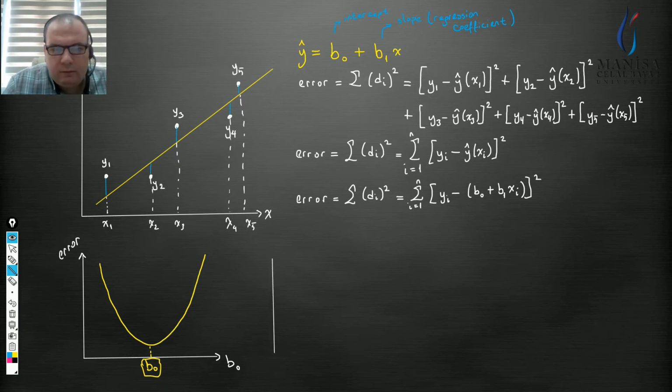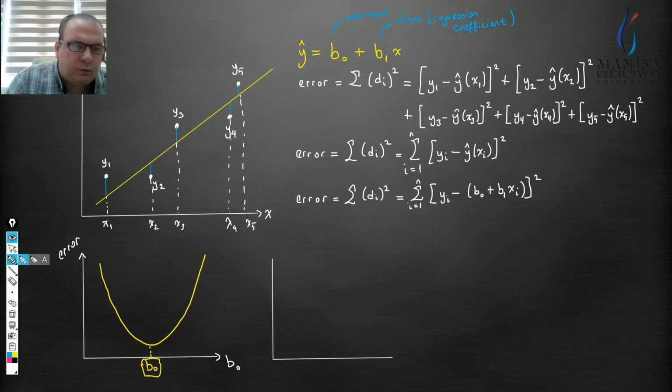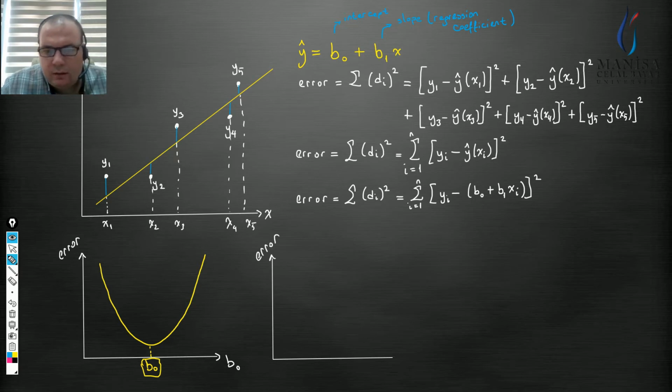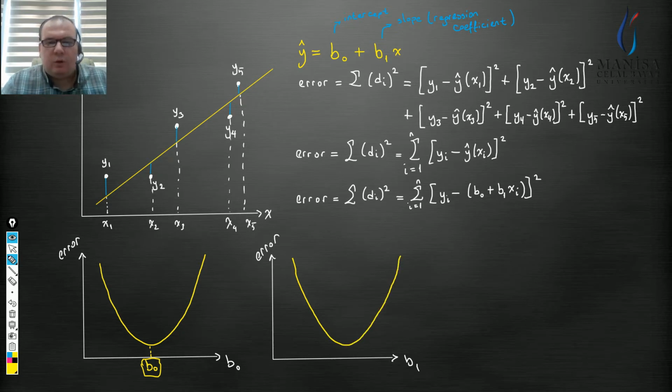So I have a similar trend for total error on the y-axis, and this time with b1 as the variable, so I have a similar behavior for total error as a function of b1. So I still want to find this point as the optimum value of b1.